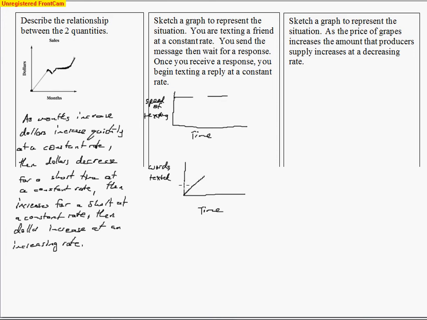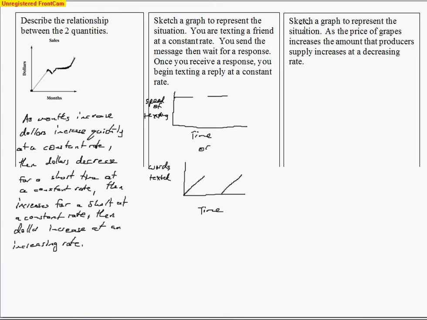So if it's words texted, you're texting at a constant rate. It would be a line heading uphill from left to right. It would be an increasing line. Then you wait for a response. So you go ahead and send the message, so you're not texting at all. Time elapses, and then you begin texting again at a constant rate, a reply, and so it looks something like that. So either one I would take as being fine.